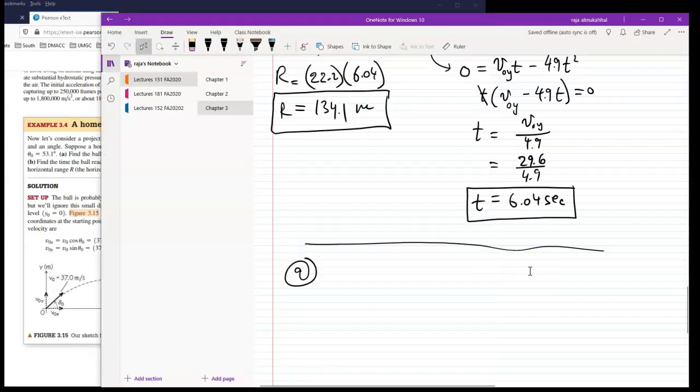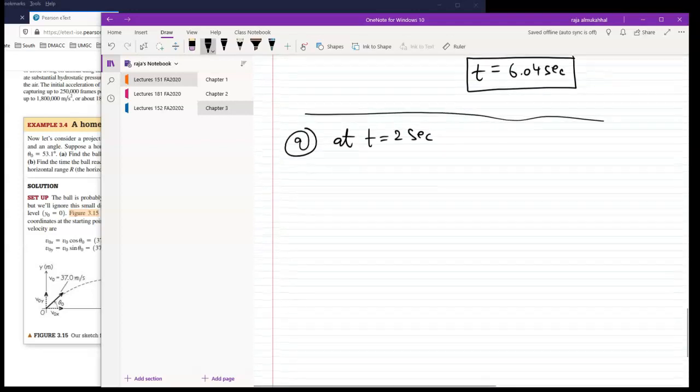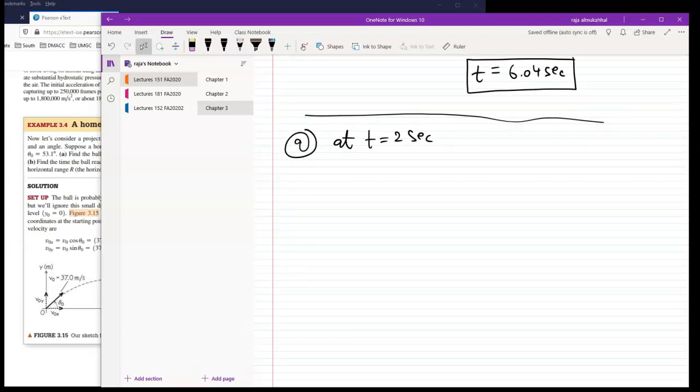Well, let's start with t equal 2 seconds. Well, the range in this case is just going to be v naught x t. Remember, there is no acceleration in the horizontal direction. So it's just going to be that.